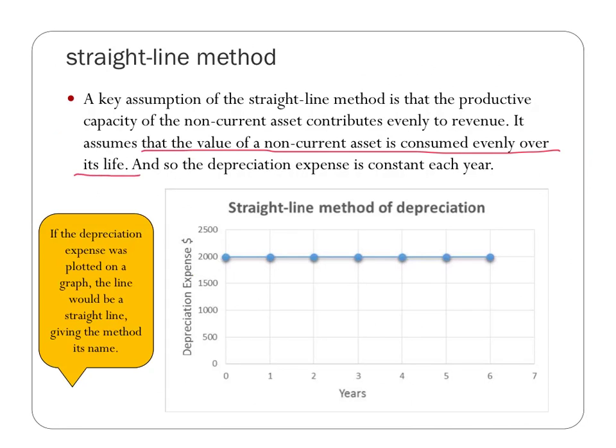Let's say the depreciation expense on the delivery van is going to be $2,000 each year, and that's going to remain constant. When you plot that on the graph, it's going to be a straight line, and therefore the name straight line method of depreciation.